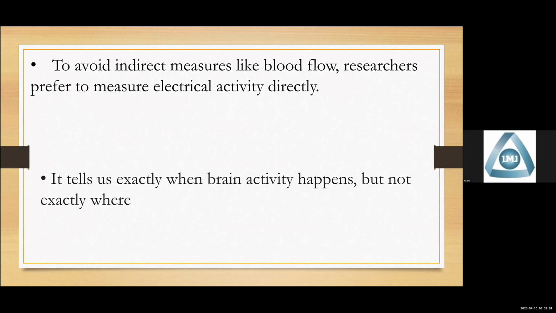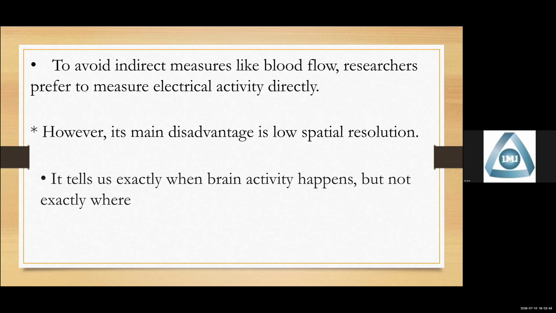To avoid indirect measures like blood flow, researchers prefer to measure electrical activity directly. However, its main disadvantage is low spatial resolution. It tells us exactly when brain activity happens, but not exactly where, the EEG.